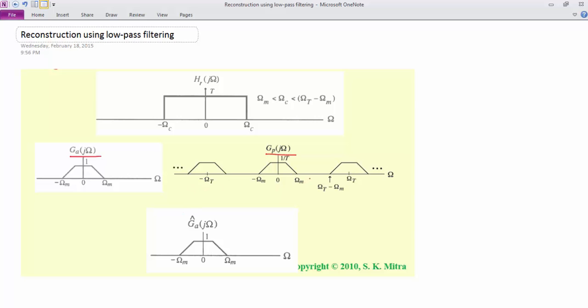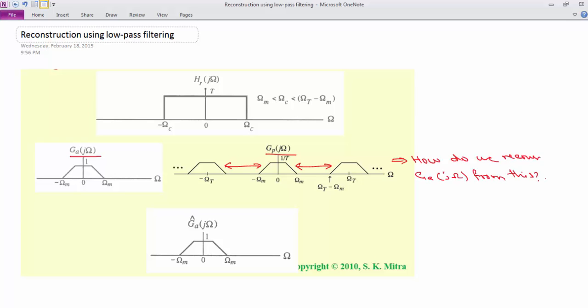Here is the situation where the Nyquist criterion is satisfied, your sampling frequency is twice the bandwidth, so there is no overlap, there is separation between different copies. Now the question is, how do you recover G_a(j omega) from this?